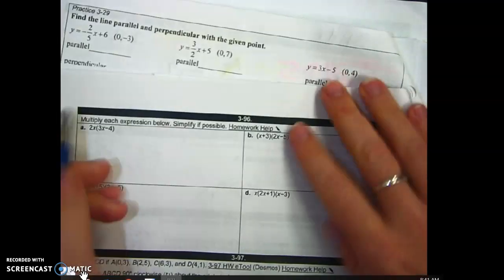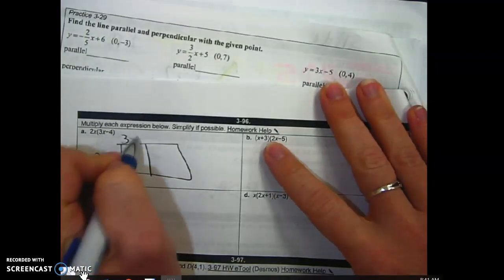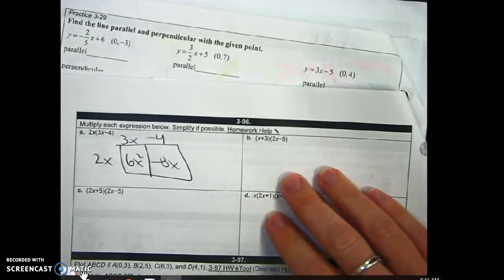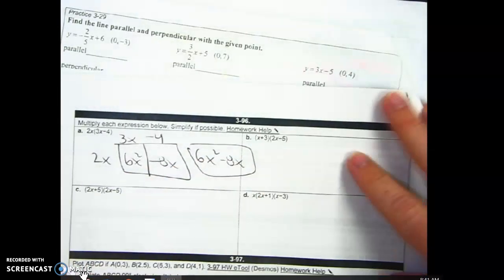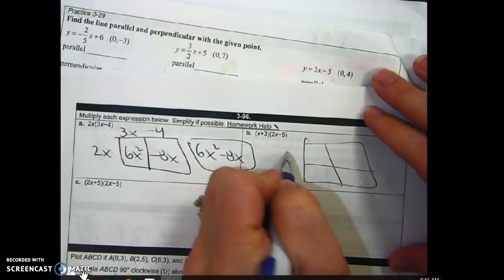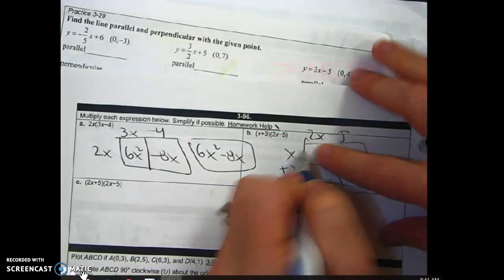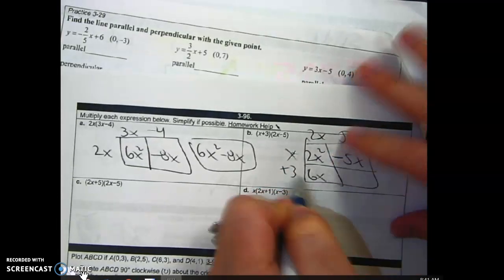All right, so this is going to be 2x, 3x minus 4, 6x squared minus 8x. So 6x squared minus 8x, done. This one we're doing our box, x plus 3, 2x minus 5, multiply, multiply, multiply, multiply.